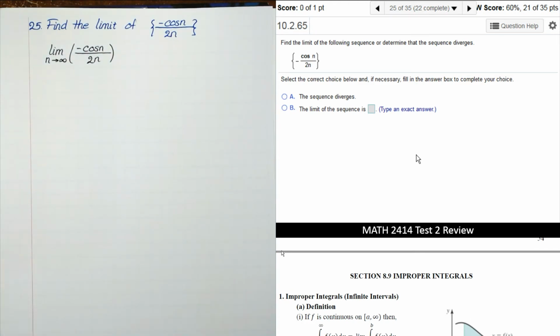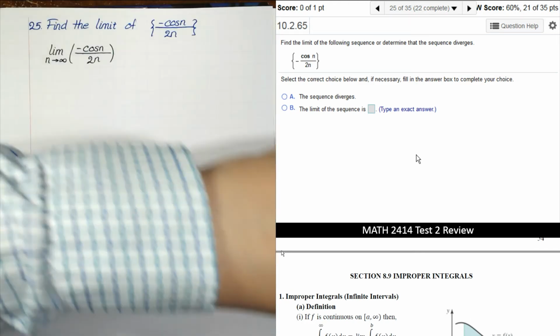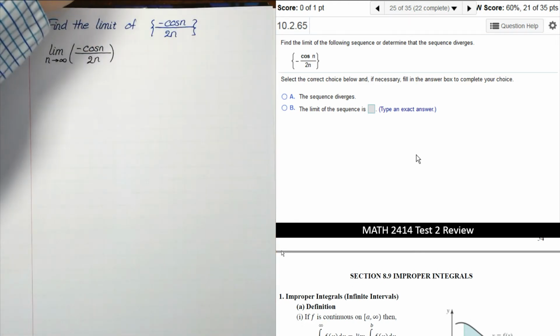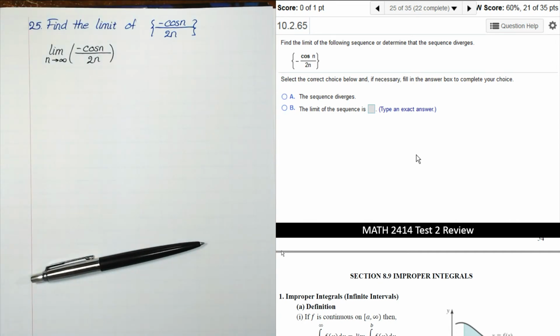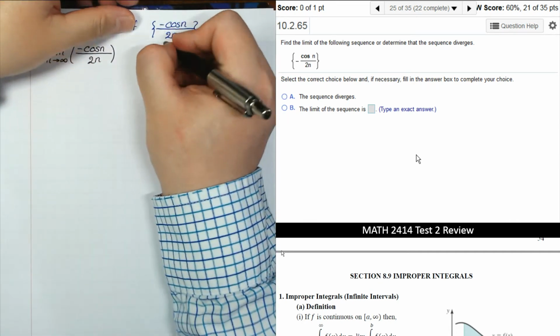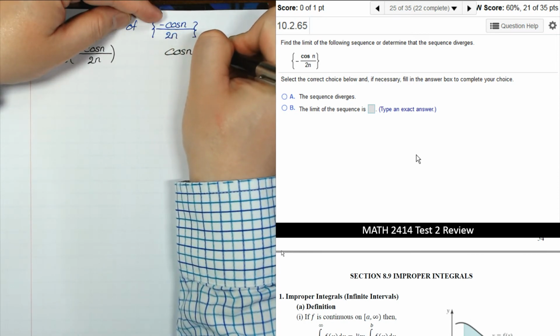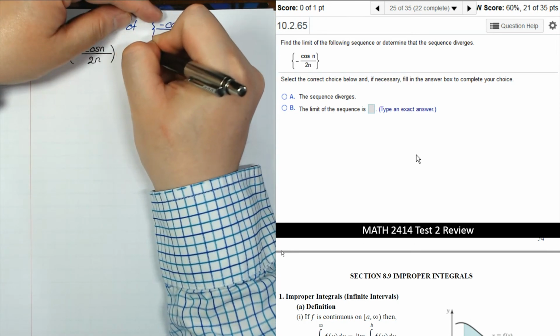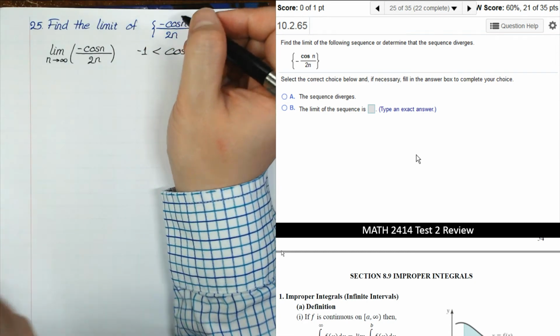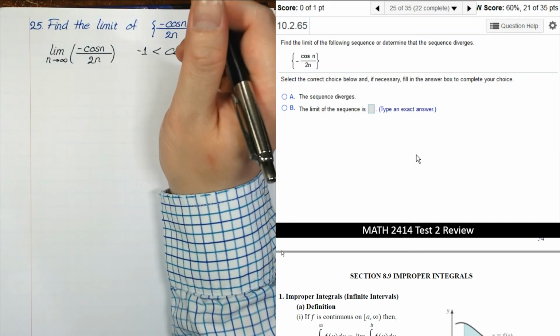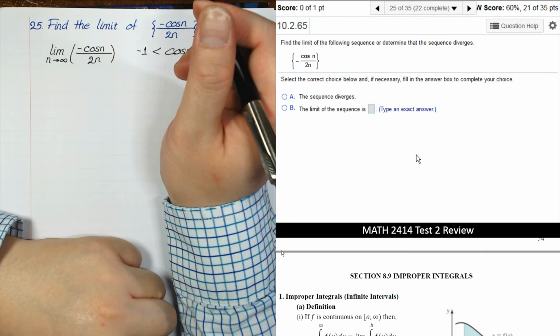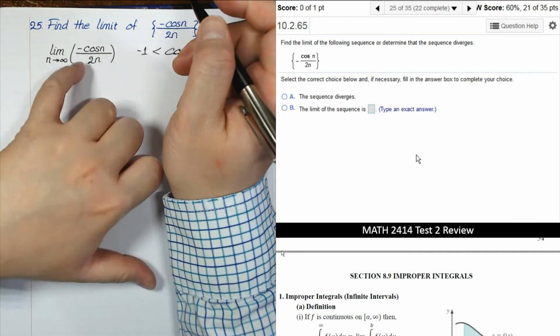This is actually easier than we think. First of all, cosine of n is between 1 and negative 1. Actually, cosine of anything is between negative 1 and 1. Now we have a negative.